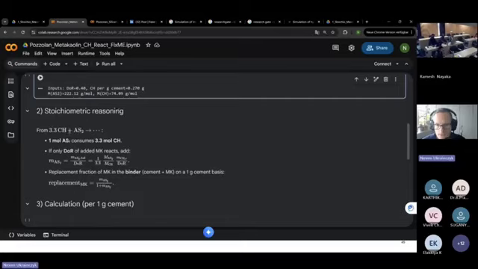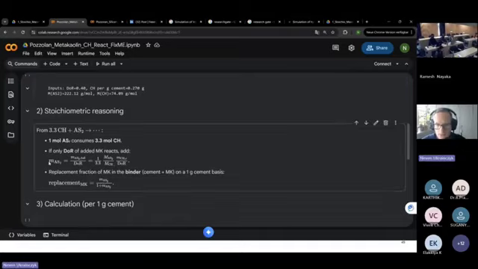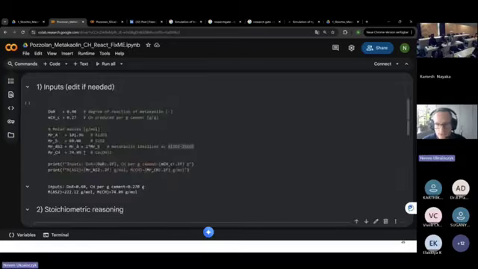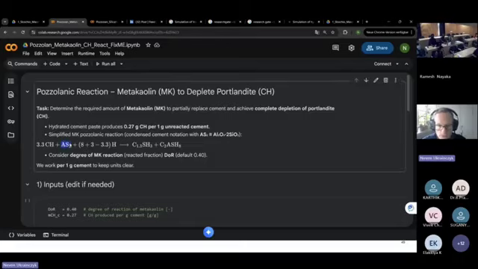And then, yeah, now we can see exactly again. From the stoichiometry, you want to know the mass of metakaolinite per gram of portlandite. So you always do the ratio of what you want to calculate. So you want to calculate the metakaolinite amount based on the known mass of portlandite.